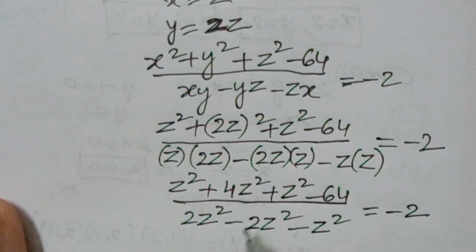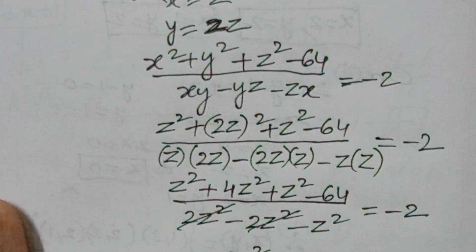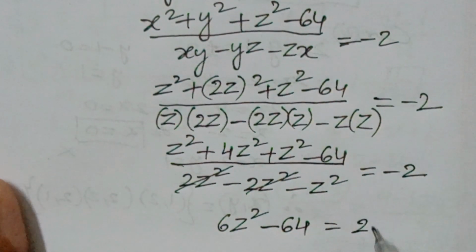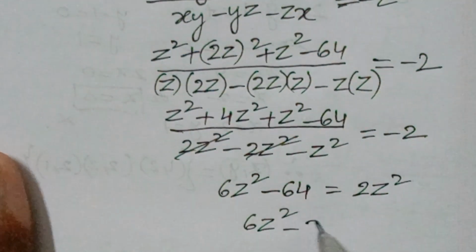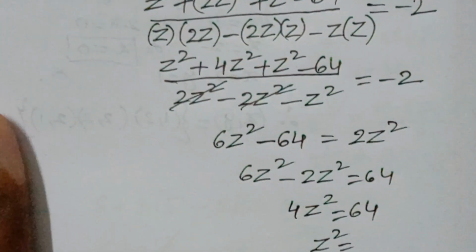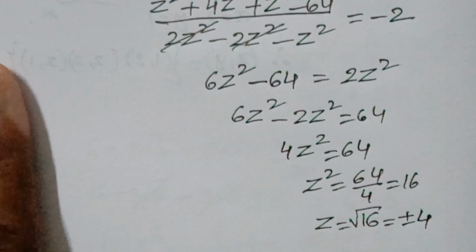So you will get 6z² − 64 = 2z². So 6z² − 2z² = 64, 4z² = 64, z² = 64/4 = 16, z = square root of 16, plus or minus 4.